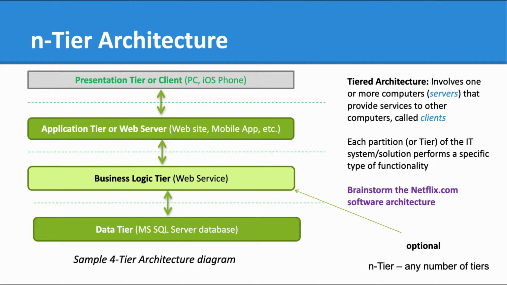The mobile app would also talk to the API, and the API would be the conduit to talking to the database. So the website and the mobile app generally would not talk to the database directly in this scenario. We'll have a middle tier that allows that to happen. So if we have this kind of segmentation of tiers, this is an example of a four-tier architecture. So tier 1, tier 2, tier 3, tier 4, right?